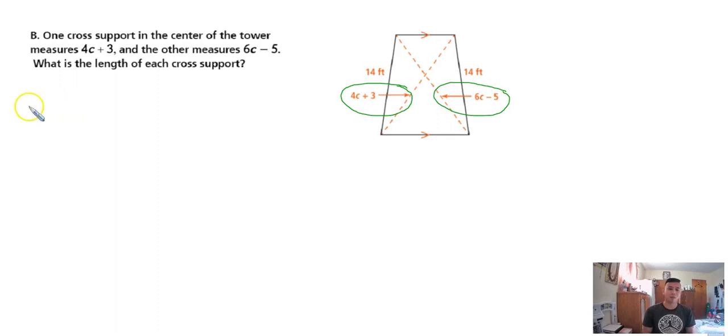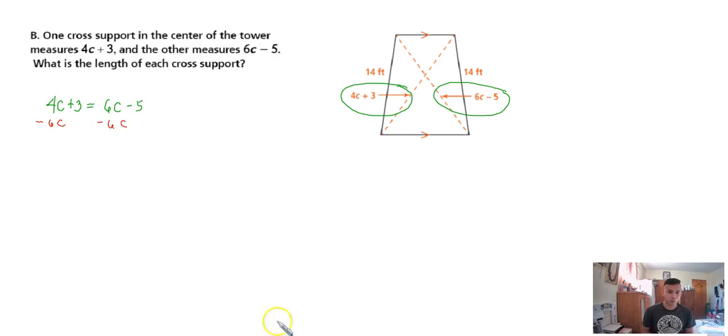So I can set up an equation that looks like this. 4c plus 3 is equal to 6c minus 5. And then I'm going to isolate my variable c. So I'm going to subtract 6c from both sides.